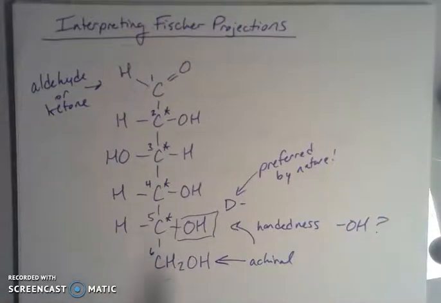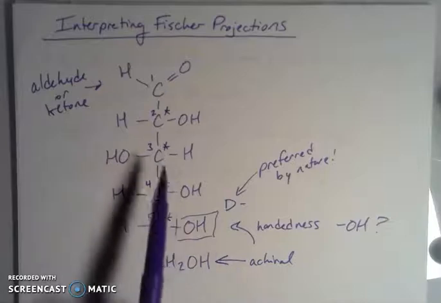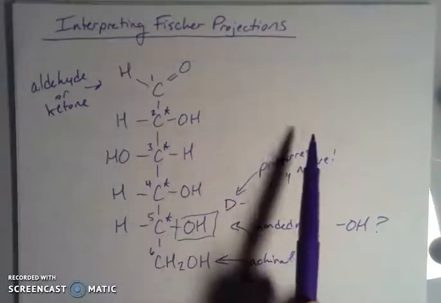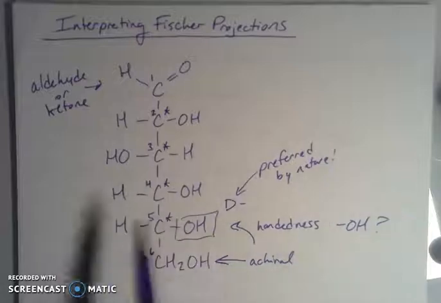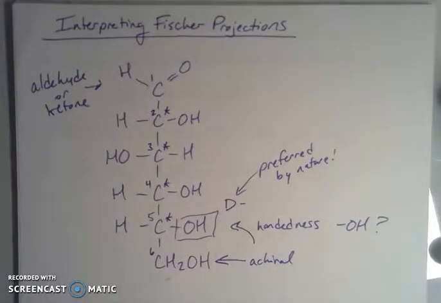Now, just as an aside here, every place we have a chiral carbon, we can have a potential for an enantiomer. So this one could be flipped, and that would be a mirror image. This one could be flipped, that would be a mirror image, etc. So as many chiral carbons as there are, we can have different mirror images of each other.